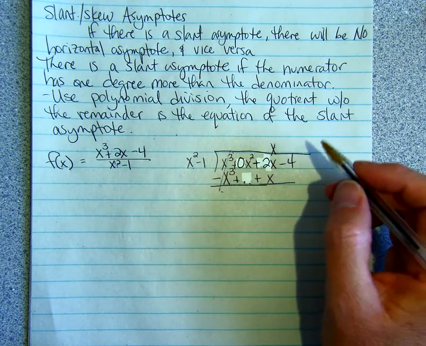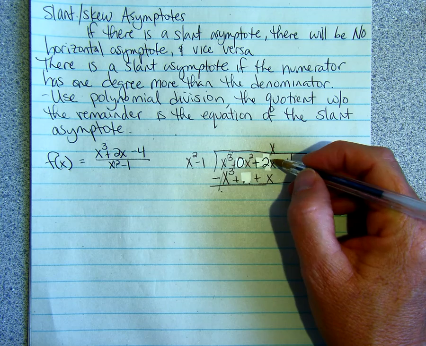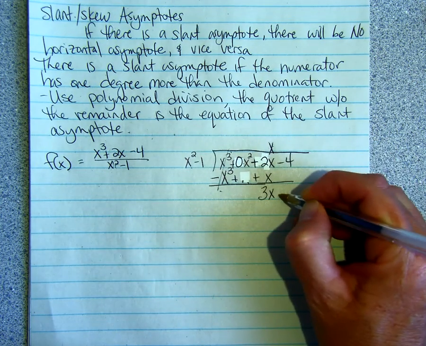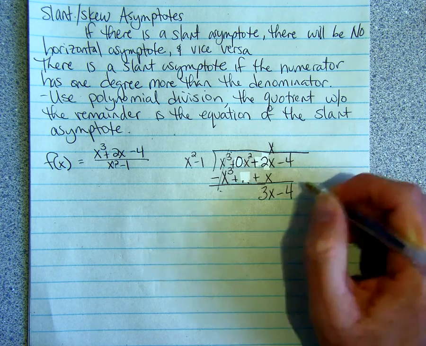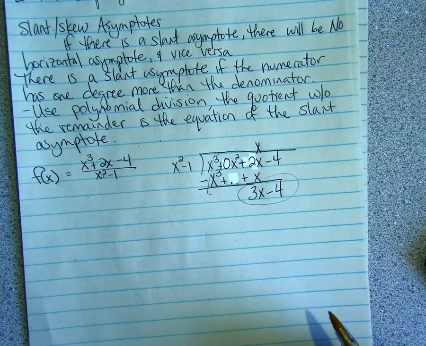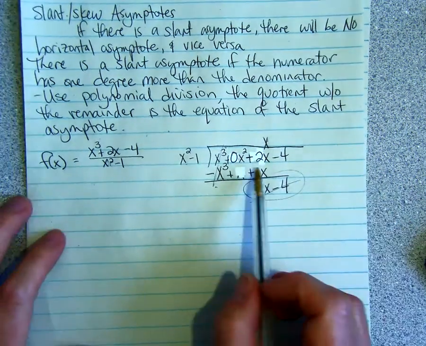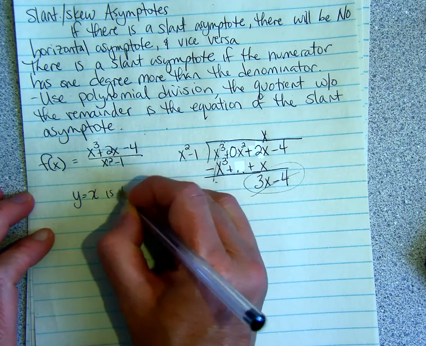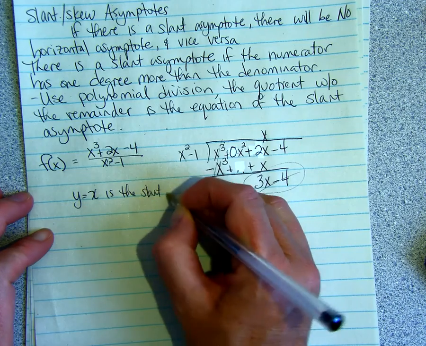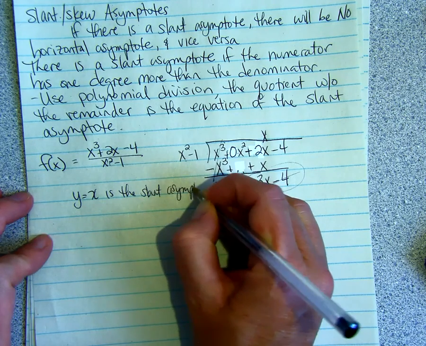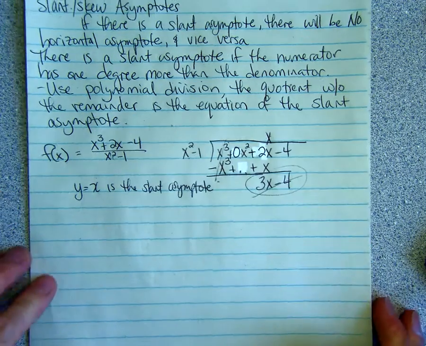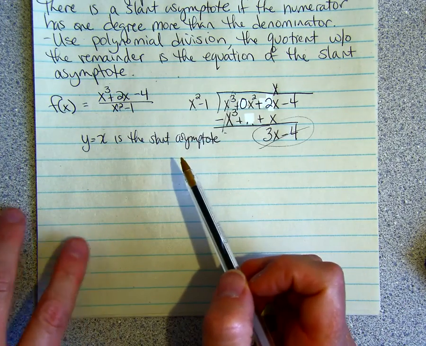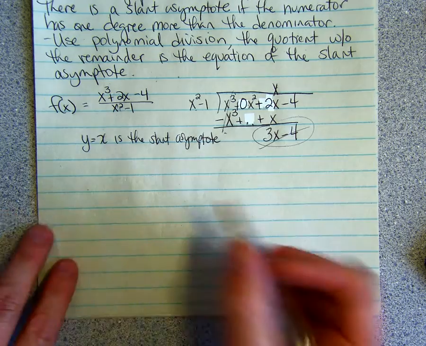There we go. It was minus, we changed the sign, so that would be 3x minus 4. That's your remainder. So we ignore that, remember? So the equation y equals x is the slant asymptote. So you would just graph that line as a dotted line, and then you could graph the rest.